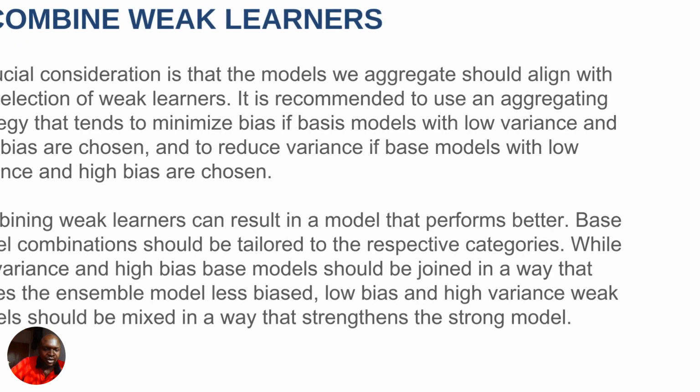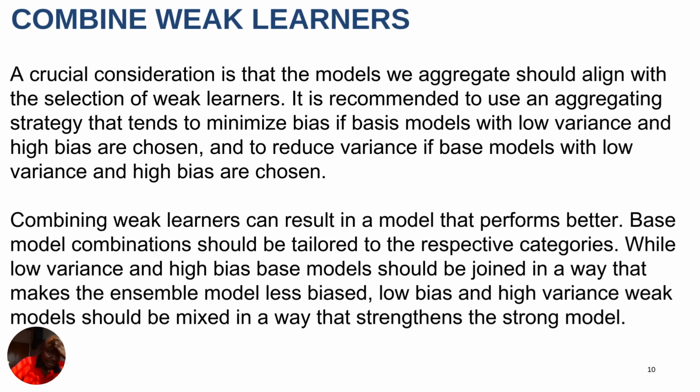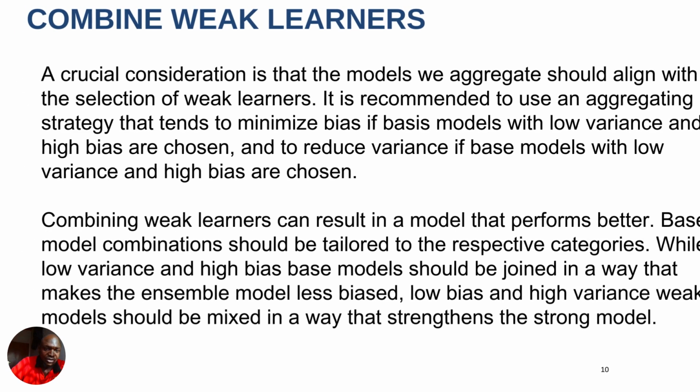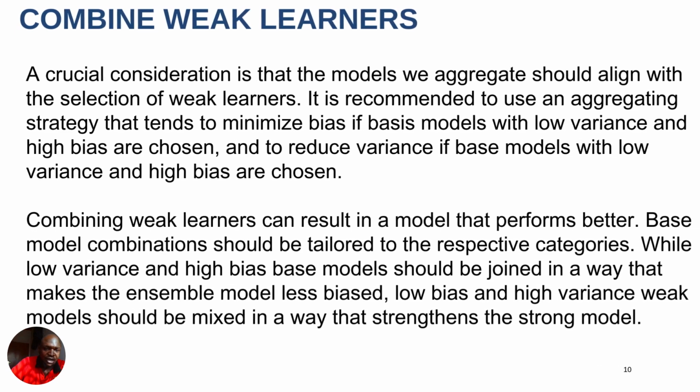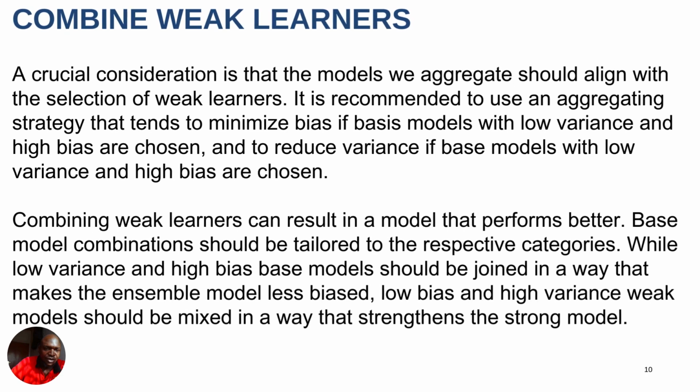On the next slide, we're going to talk about combining weak learners. A crucial consideration is that the models we aggregate should align with the selection of weak learners. It is recommended to use an aggregating strategy that tends to minimize variance if base models with low bias and high variance are chosen, and to reduce bias if base models with low variance and high bias are chosen.